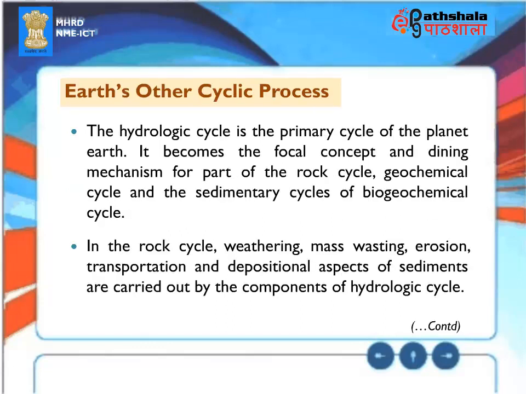Earth's other cyclic processes. The hydrologic cycle is the primary cycle of the planet Earth. It becomes the focal concept and driving mechanism for part of the rock cycle, geochemical cycle, and the sedimentary cycles of biogeochemical cycle. In the rock cycle, weathering, mass wasting, erosion, transportation, and depositional aspects of sediments are carried out by the components of hydrologic cycle.